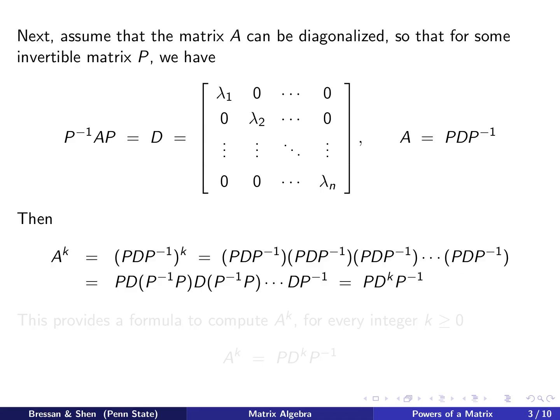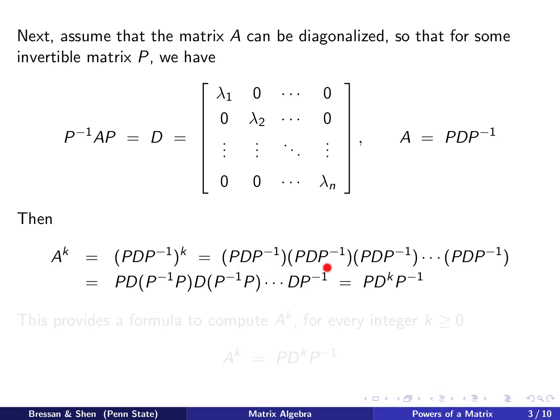Since this is a multiplication of matrices, you can remove the brackets. You can take any of the nearby products first. We notice that there is a P inverse and there is a P, so it's convenient to do this product first, because then you get the identity.